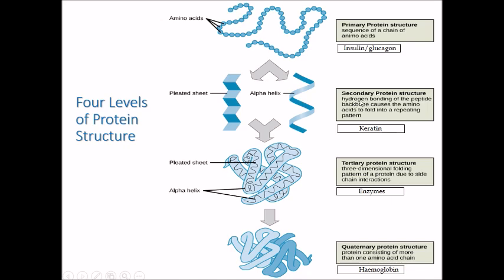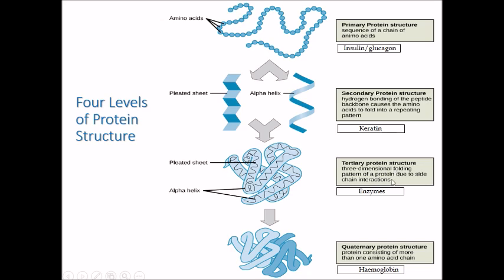This hydrogen bond, okay, will cause this long chain to become either folded like this, known as a beta pleated sheet structure, or they will coil and form the structure known as the alpha helix structure. Okay, they coil like this. And then next, an example of the proteins that have this secondary structure is keratin that you can find in your hair.